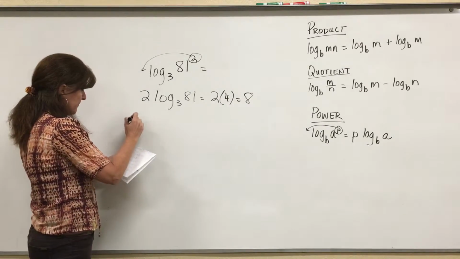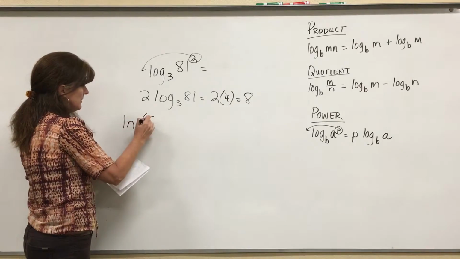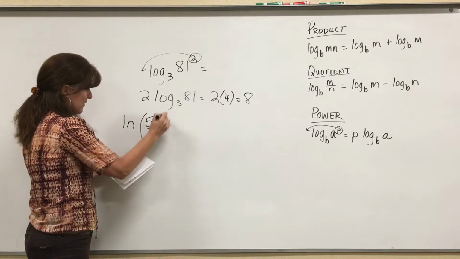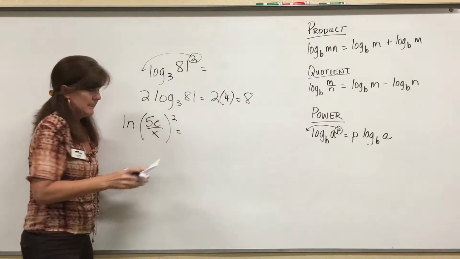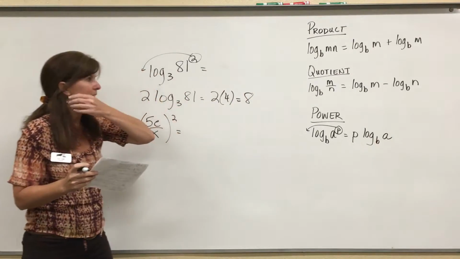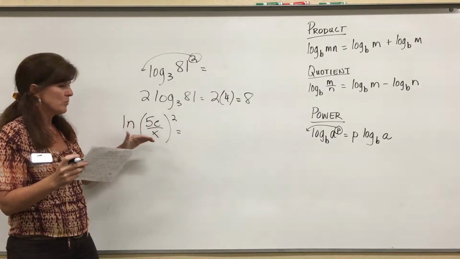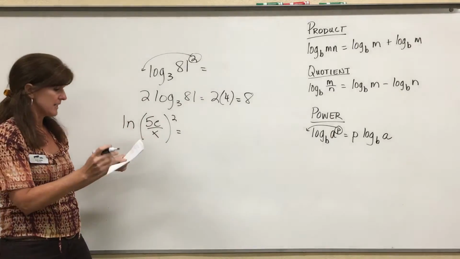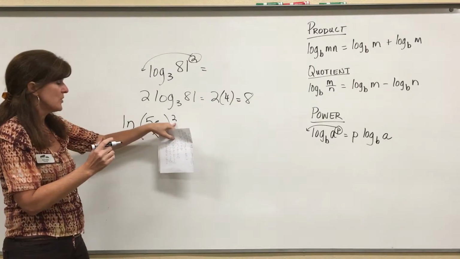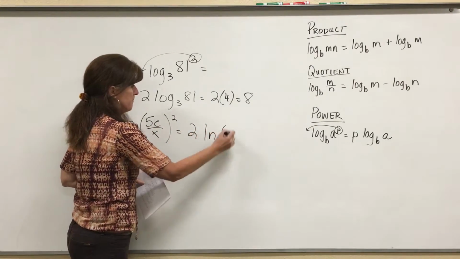One more, and this one's a little complex, but I wanted to show it to you. You're going to use all of these different formulas to write this as a sum and difference. So the first thing I'm going to do is use the power property. I'm going to move that over to the beginning.